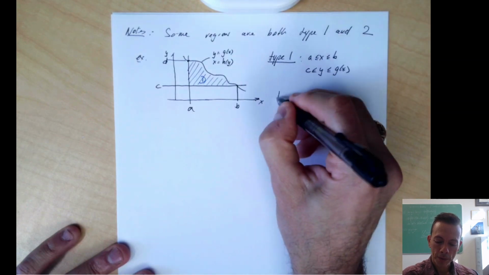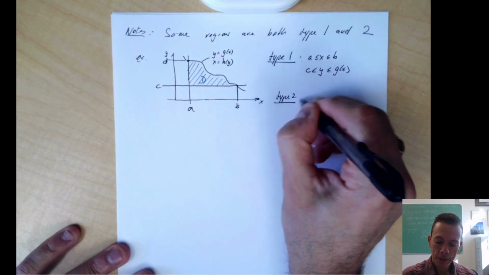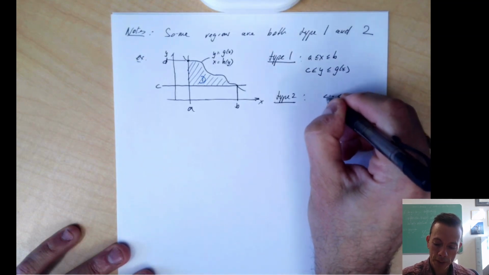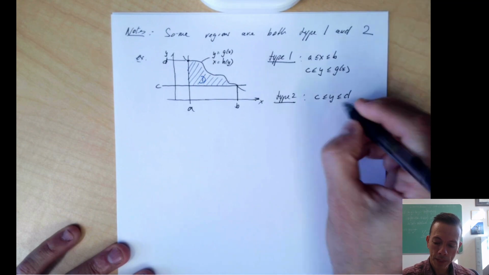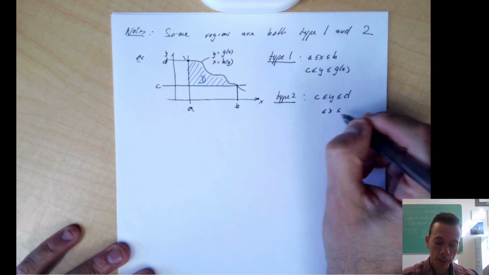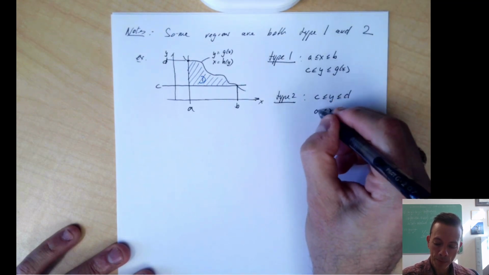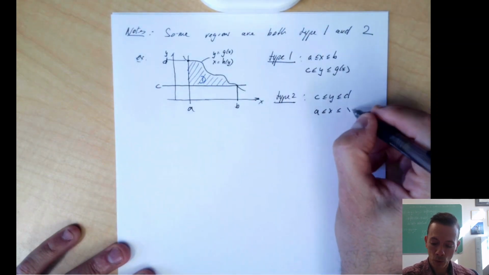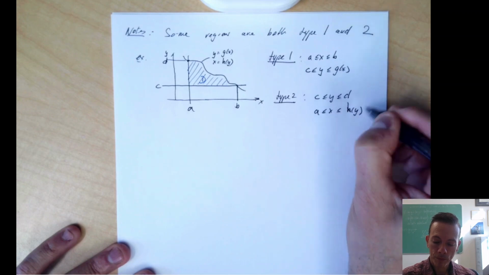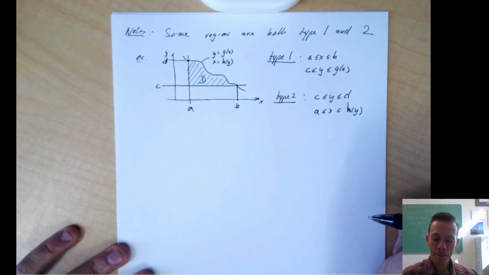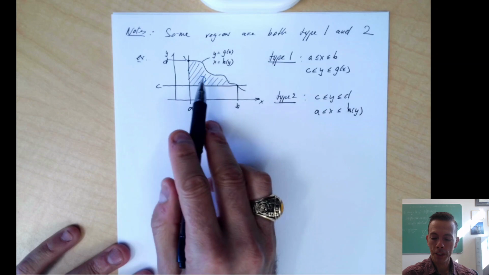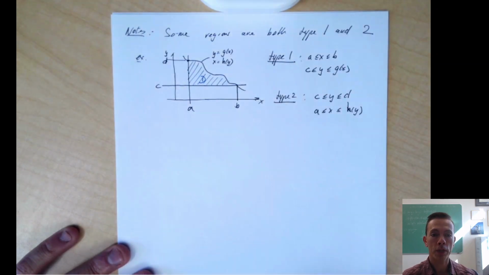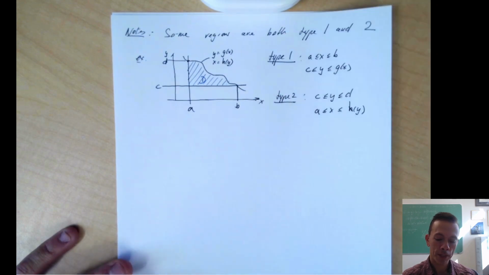You can also consider this to be a type 2 region, where in this case y is bounded between the constants c and d, and x is bounded between a on the left and the curve x equals h of y on the right. So because of the geometry of D, you can choose when you integrate whether to write the integral as a type 1 or a type 2 integral.